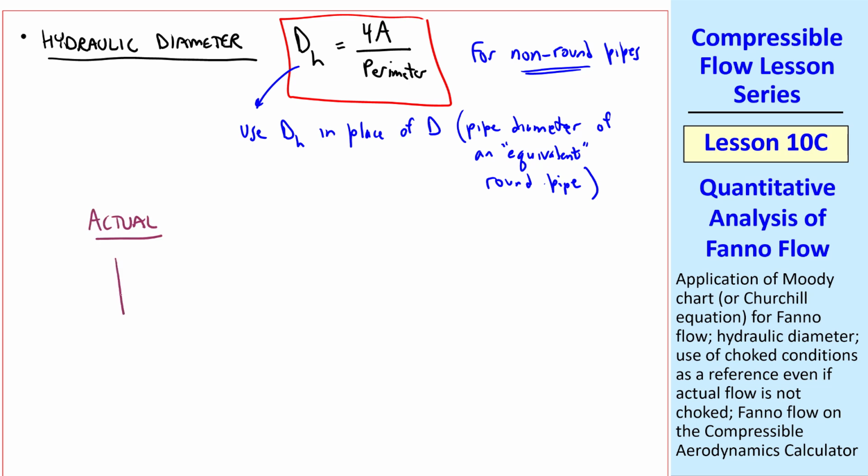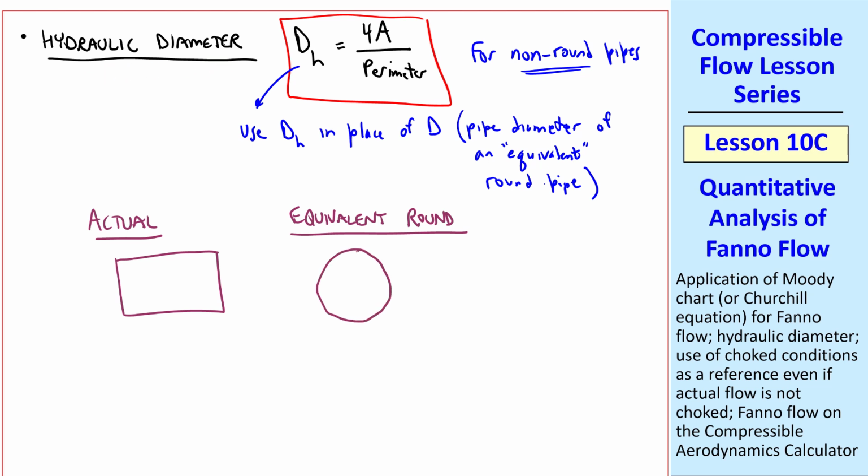So you may have a condition where your actual pipe or duct is, say, rectangular, and we can use this equation to get the equivalent diameter or the hydraulic diameter such that the flow behaves the same as a round pipe of diameter dH. And the reason we do this is that our equations are derived for round pipes.